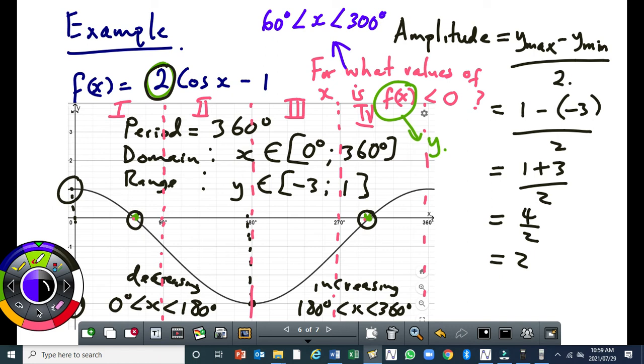Between 60 degrees and 300 degrees, the y values of this graph are negative. It's part of interpretation.